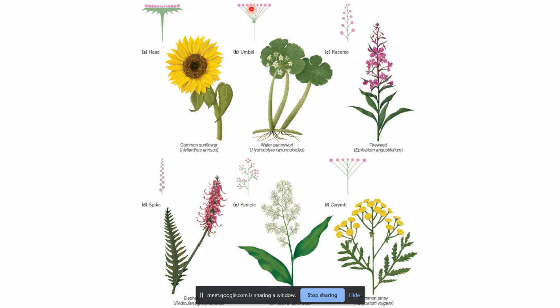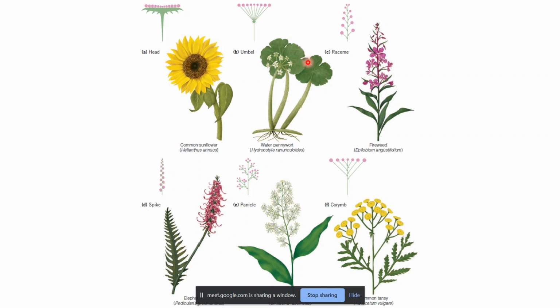So sometimes you can use it for protection from the rain. So some flowers can be large. And then raceme is a Christmas tree-like structure, left, right, left, right.